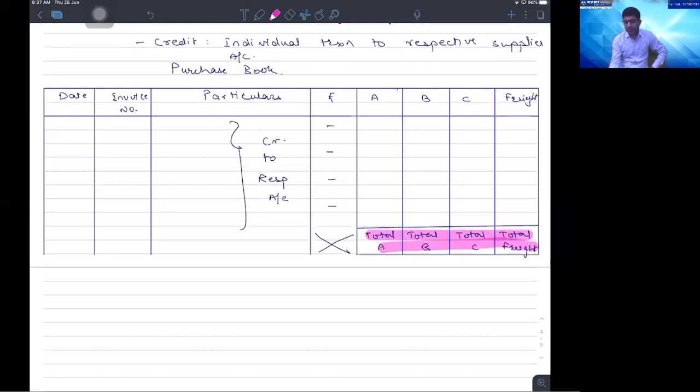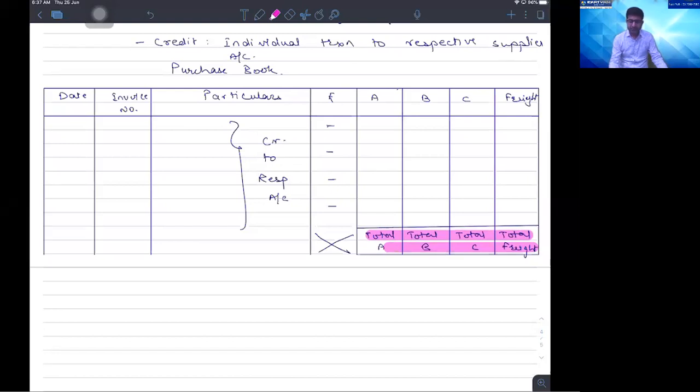These totals of the respective columns to A's account, to B's account, to C's account, and to freight account. So that's the difference between the simple purchase book and the columnar purchase book. Am I right? Okay.